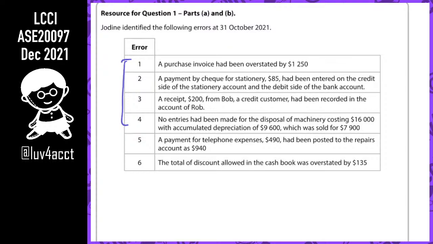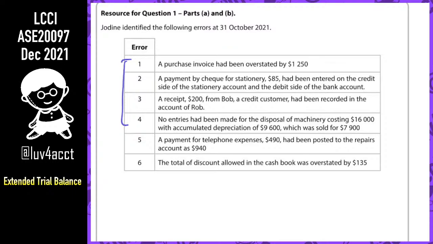Let me type the question detail first. Okay, good. We have to identify the type of error for item 1 and 4, and we will do the adjustment at the same time so that we don't have to go back to it later.